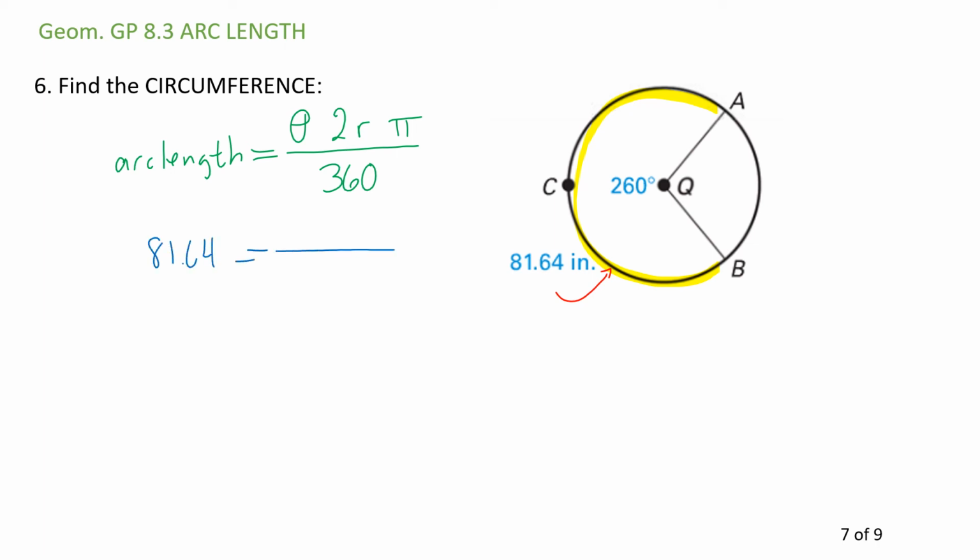The angle that goes along with it, it's actually one of these bent back angles, 260. Trying to find the circumference. Well, here's the thing about this. This is the circumference. So I'm going to leave that by itself. What I'm going to do, I'm going to start by multiplying both sides by 360.